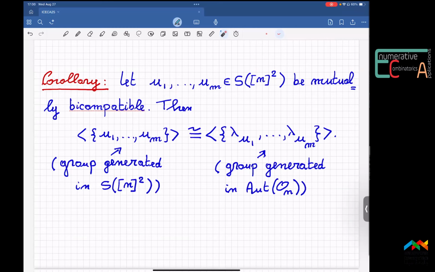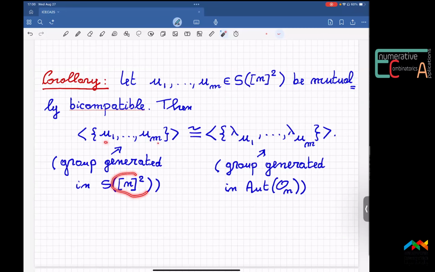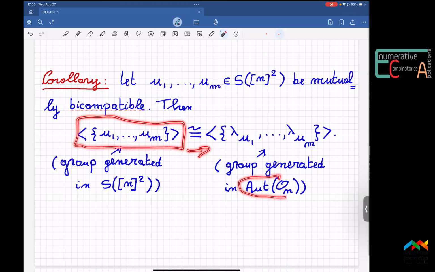Then the subgroup generated by them in S_{n squared} is isomorphic to the subgroup generated by the corresponding automorphisms in Aut n. And so we thought that maybe we could use B-compatible subgroups to produce subgroups of Aut n, and in fact, even more than that, go to the quotient to outer automorphisms. And this proved to be successful. We found many B-compatible subgroups that gave us these other subgroups.